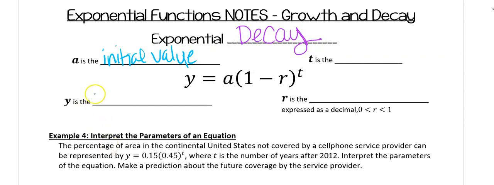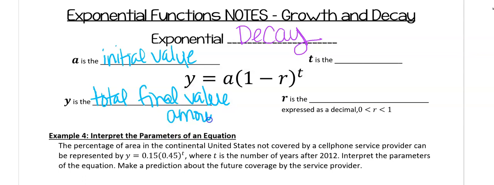Y is the total or the final value, or the final amount. So it's going to be what we get in the end. T is our what again, guys? Time. And R again is the rate of change.